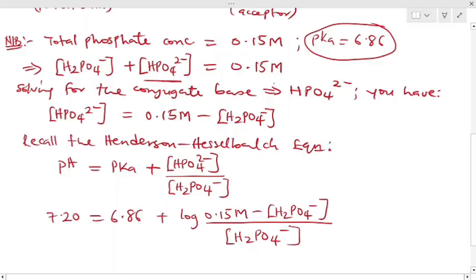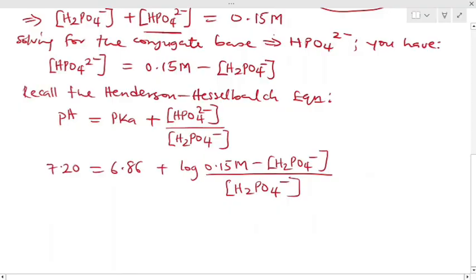So if you move the numbers to one side of the equation and then take the antilog, what you have next is the following.